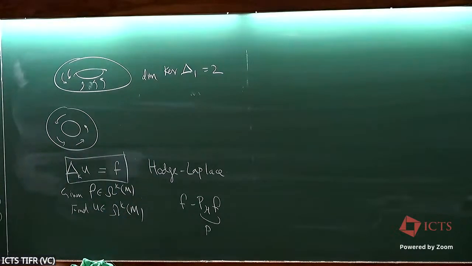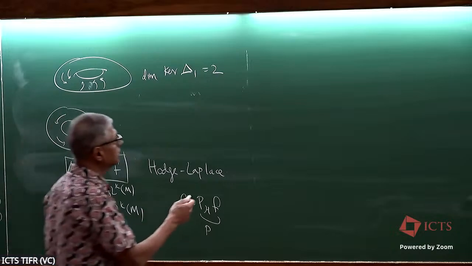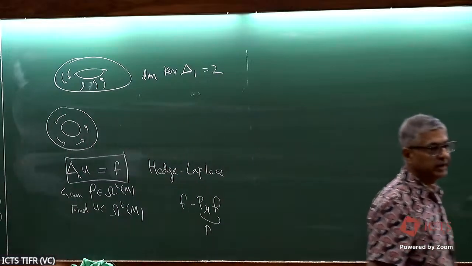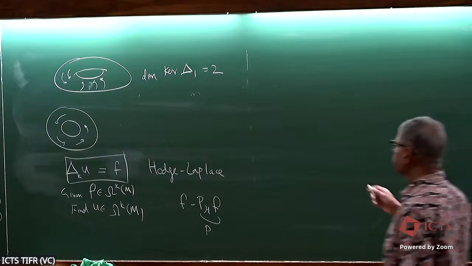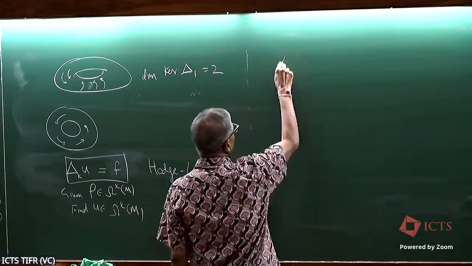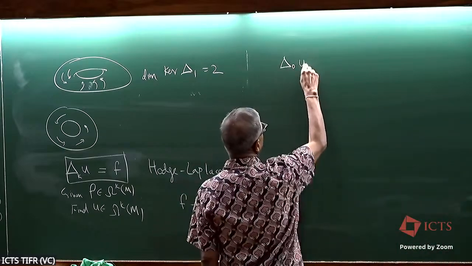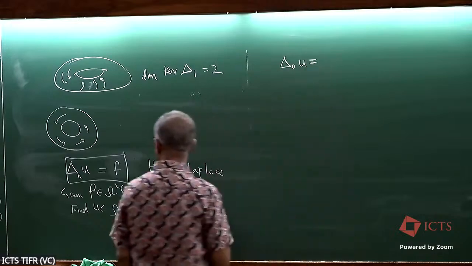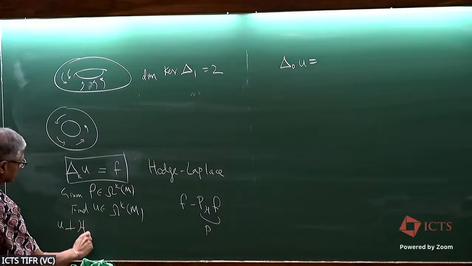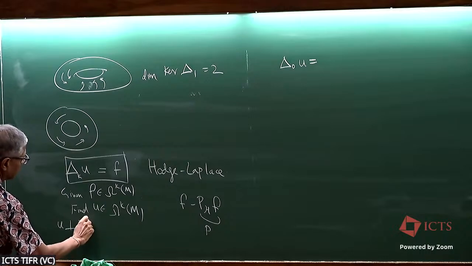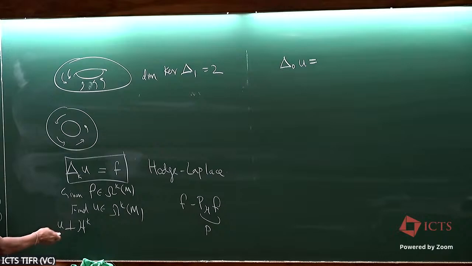So if you were doing DEC, you can do it in mixed form or direct form, because you can do it in finite elements also, but it will be inefficient because of the inverses involved. But let's write the Hodge zero Laplacian. And you have to do this in such a way that u is orthogonal to the harmonics. So to make it well posed, you have to find a u which is orthogonal to the harmonics.